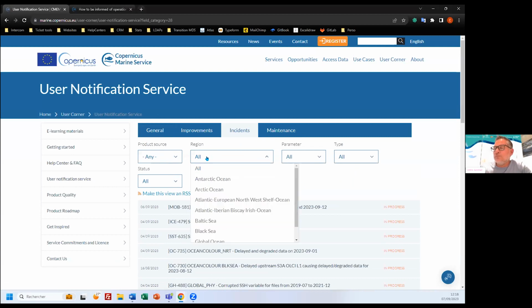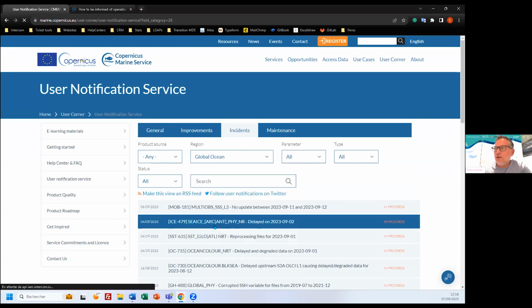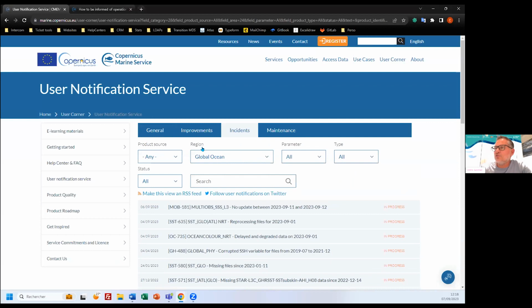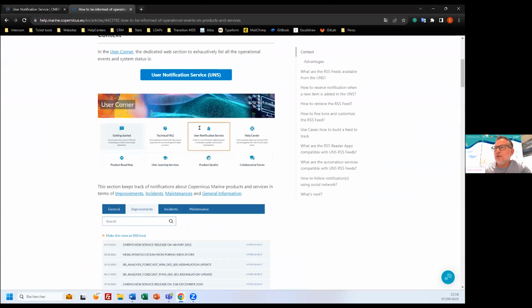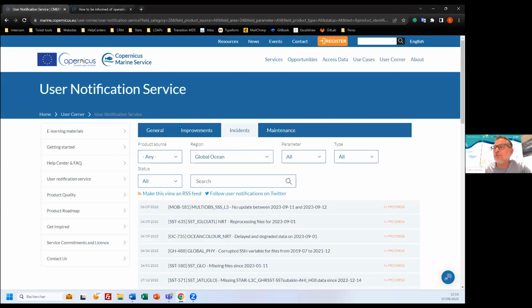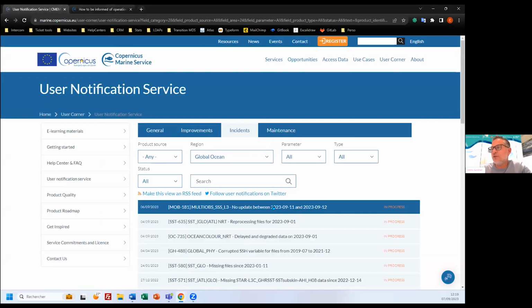So if I'm interested in global ocean events, I sort global ocean, and I can make this view as an RSS feed, and then in the article here, it will be explained how to receive automatic email or to have automatic posts on your browser, etc., to be informed of when there is an incident on a specific product.